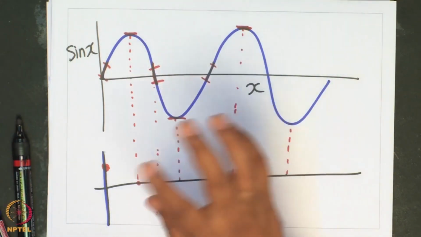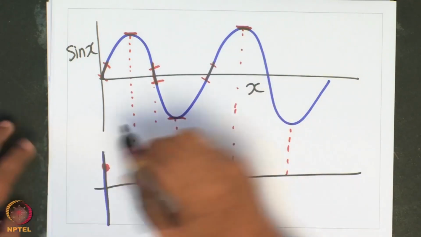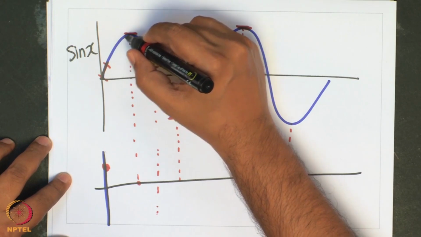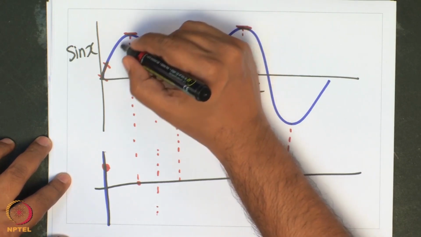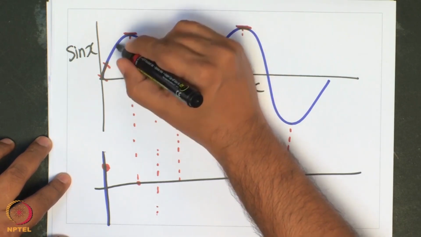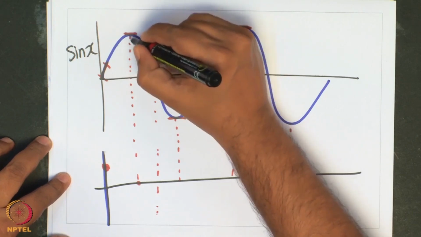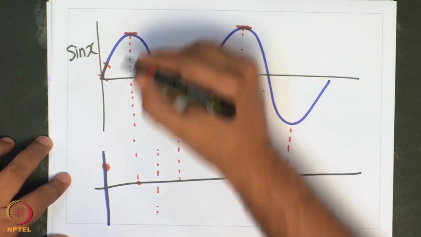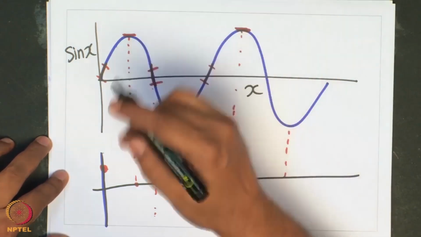This is something that we will learn in more detail, but if a function has a maxima, it is changing from a positive slope to a negative slope, so it has to go through a 0. Therefore, this point will have a slope 0.